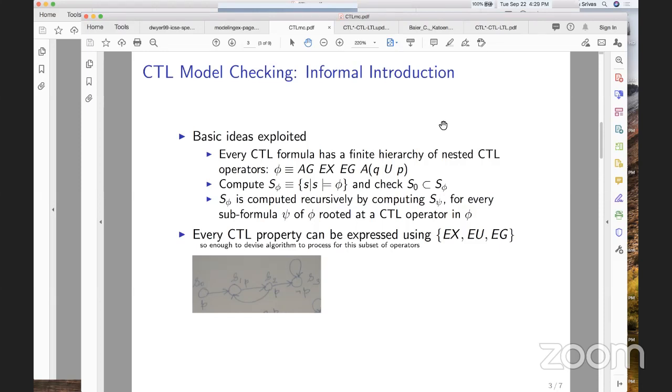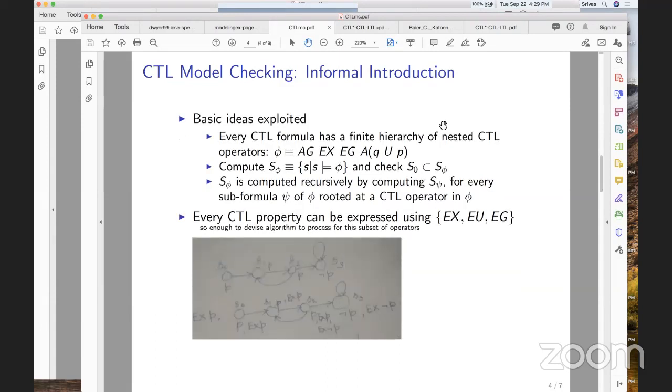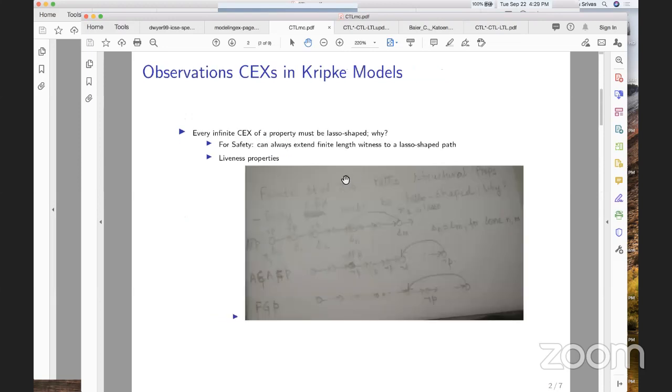We have proved that there exists a counterexample which is lasso shaped, right? Correct. We haven't proved that every counterexample is of that form. Not every counterexample will be of lasso form, right? That's exactly what I'm saying. You have written that every infinite counterexample of a property must be lasso shaped.